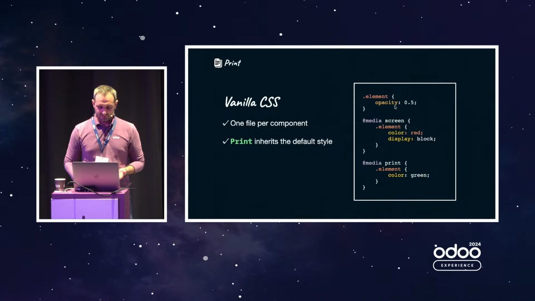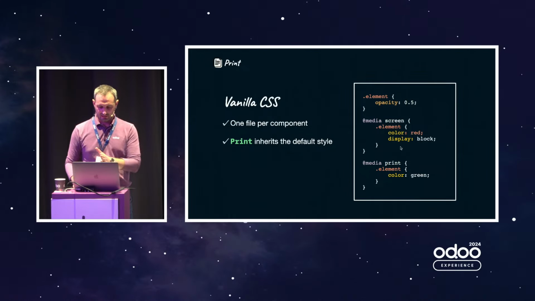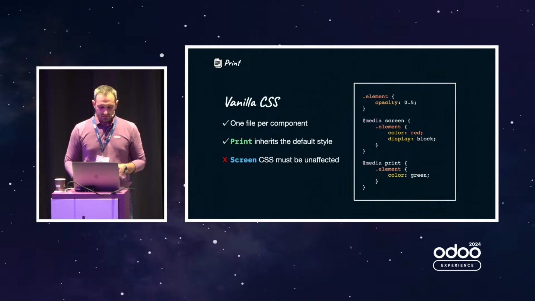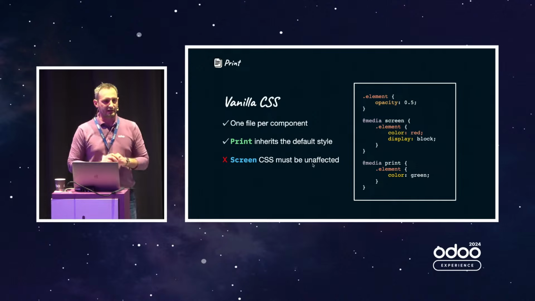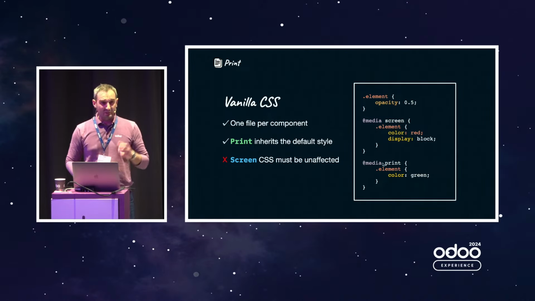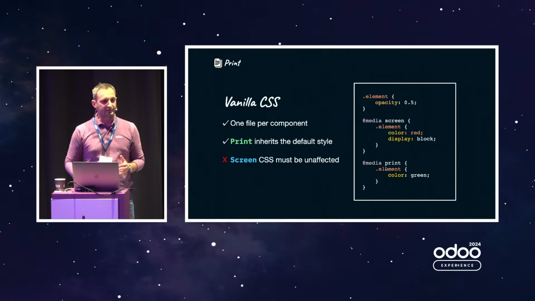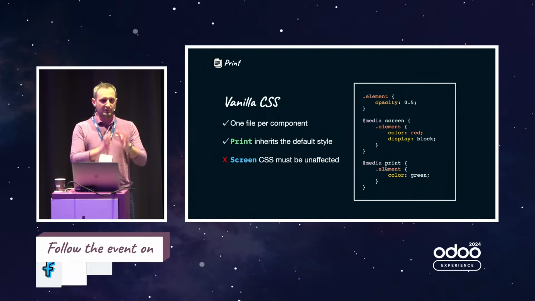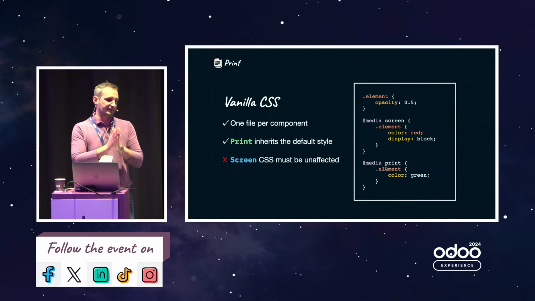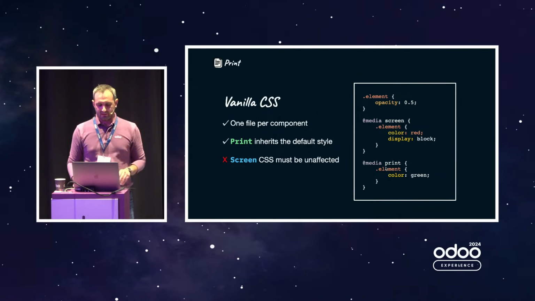As you can see, opacity 0.5 is available on any media type. But the CSS of the screen was affected in a way. What I mean is that even if the browser is smart enough to understand that there is a media print rule there, and so it should be ignored, still in the footprint of the CSS we have a bunch of code that is probably not needed, okay? And this is something that we wanted to avoid.